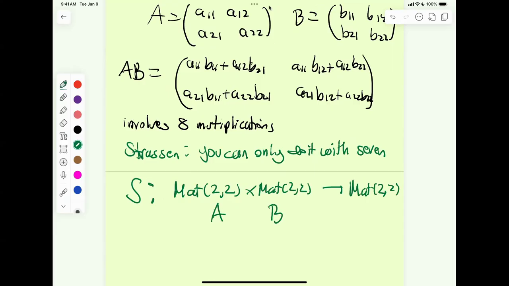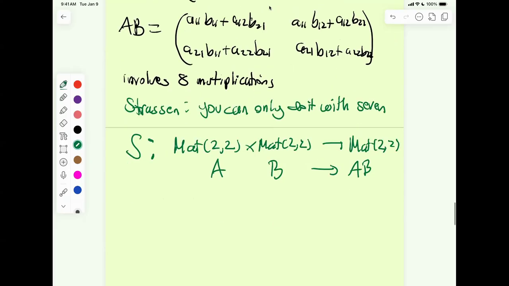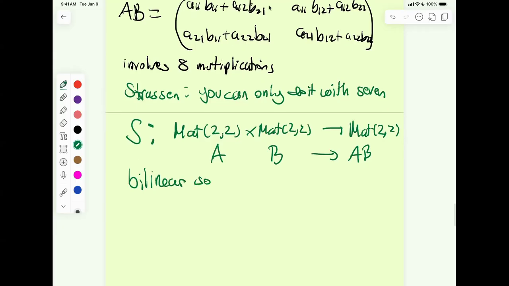You feed in matrices A and B, and it spits out the matrix A times B. So this is bilinear, as you might imagine. And because it's bilinear, it can be represented by a tensor. This one does require way more indices.